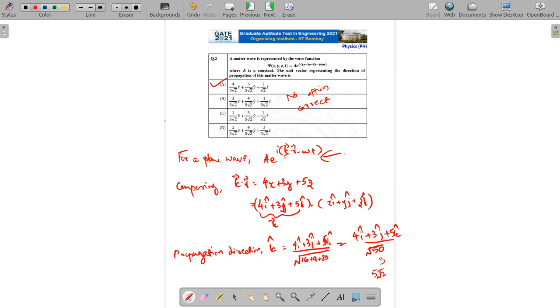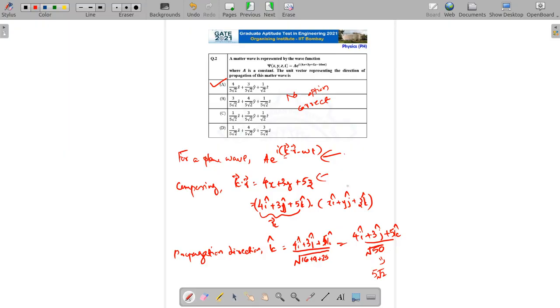If you compare this standard form with the given form, you actually have k dot r equals 4x plus 3y plus 5z here. Now you can write this as a dot product: 4i cap plus 3j cap plus 5k cap, dot x i cap plus y j cap plus z k cap.